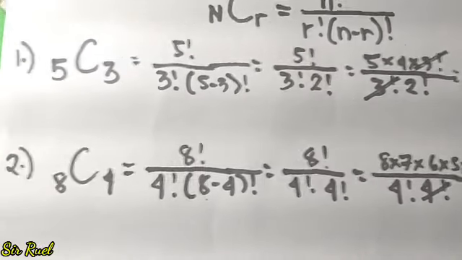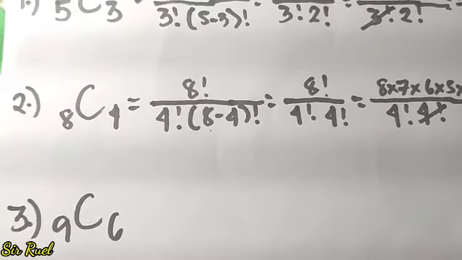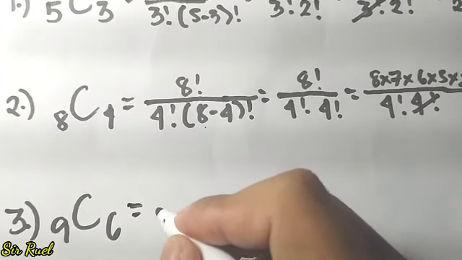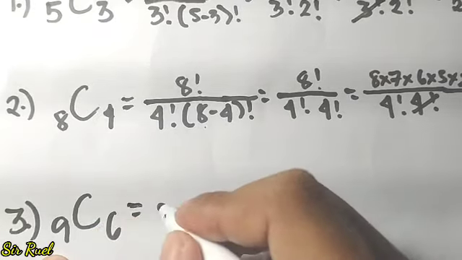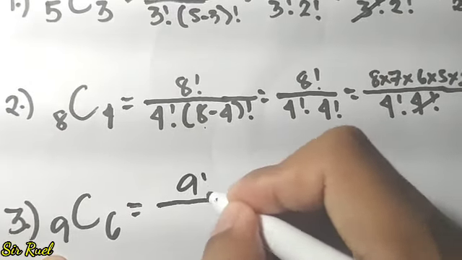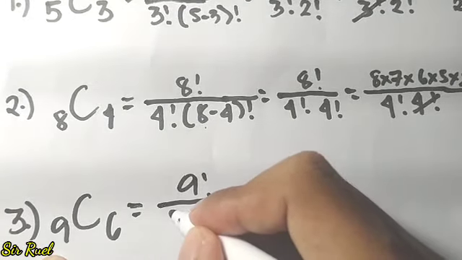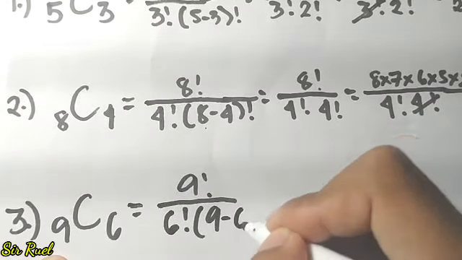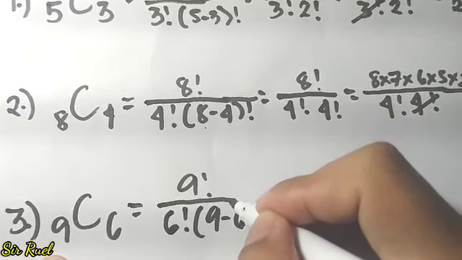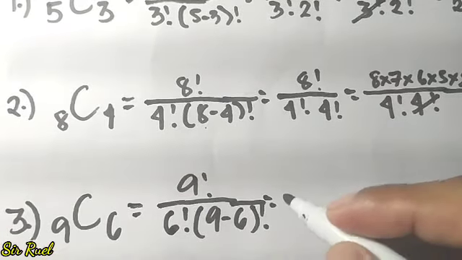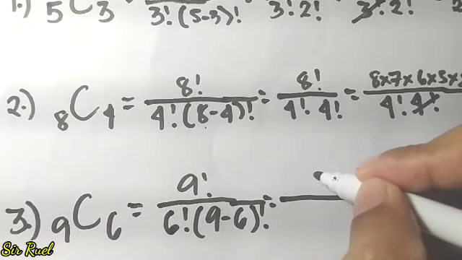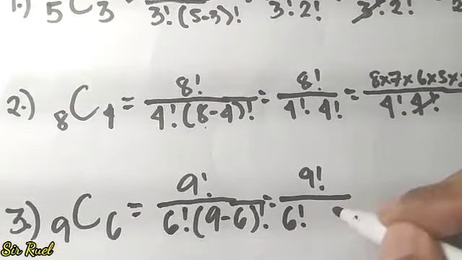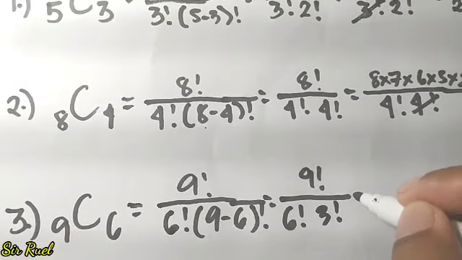Example 3. Again, the same process. This 9 we will write at the numerator, and this 6 we will copy in the denominator: 6 factorial, 9 minus 6 factorial. Again, copy the numerator: 9 factorial over 6 factorial, and 9 minus 6 is 3 factorial.